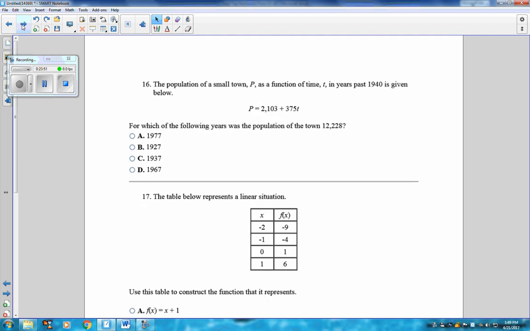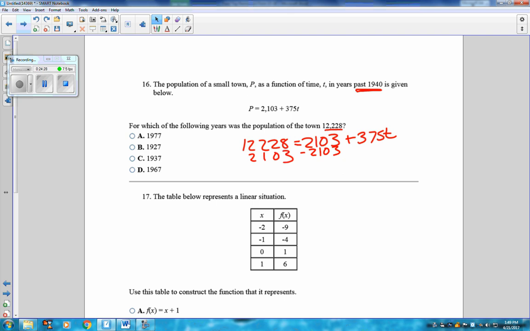16. The population of a small town P is a function of time in T years past 1940. Past 1940. That's going to be key in a minute. In which of the following years was the population of the town 12,228? So I'm going to set 12,228 equal to 2,103 plus 375 T. I'm going to solve for T. So I've got to subtract 2,103 from both sides.